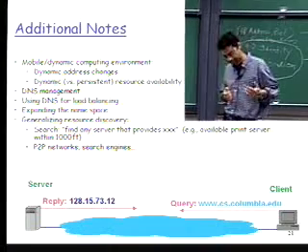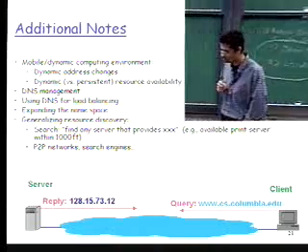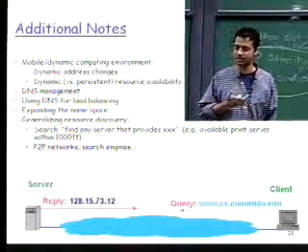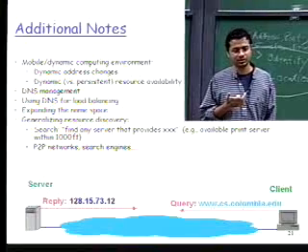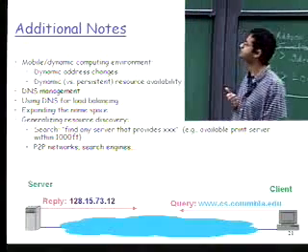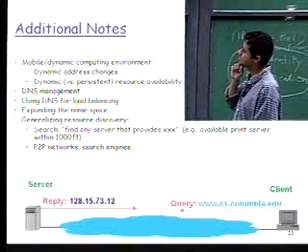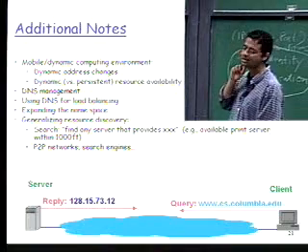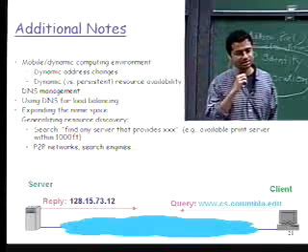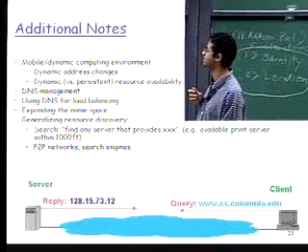And application layer networks or environments, or what are called overlay networks, the P2P networks or instant messaging networks, come up with their own directory service to get around this mobility problem. Using DNS for load balancing, we'll see that in the next lecture, of how CDN, the content delivery networks, work, how they use DNS for load balancing, and how the TTL field is exploited. It's very clever what is done there.